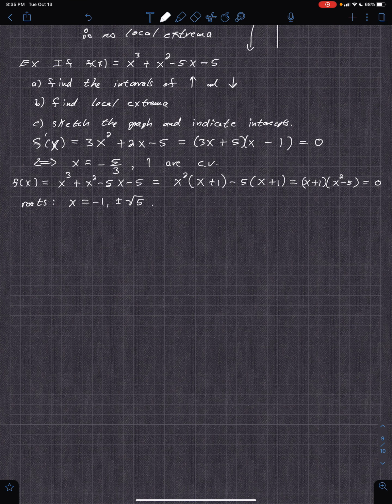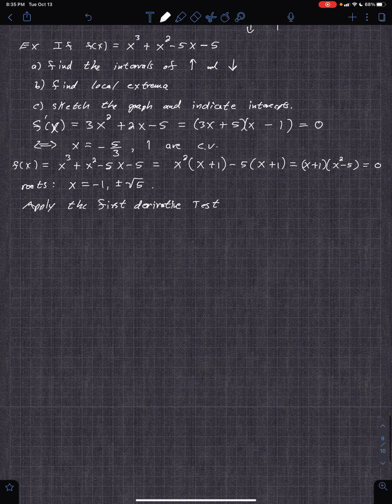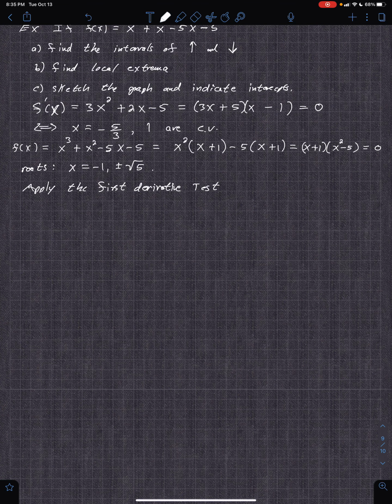So next, we want to apply the first derivative test. And you can do this in different ways and be organized in different ways. This one, I'm going to show you this way, and then the next example I'm going to do maybe slightly different, just to show you different ways of organizing.